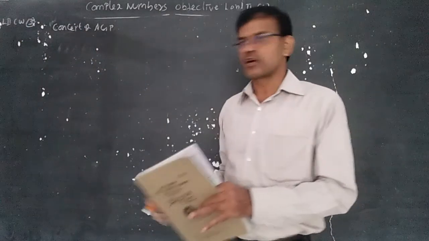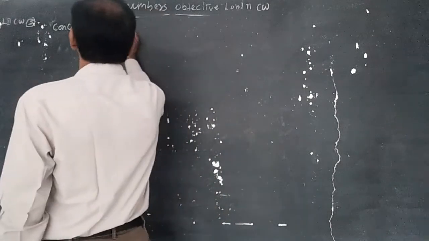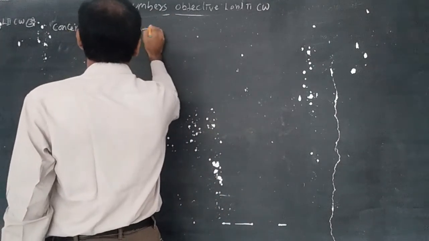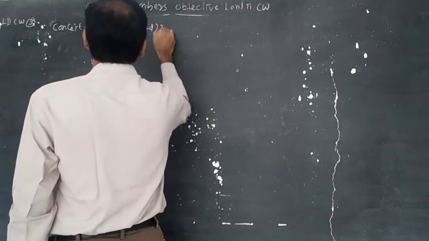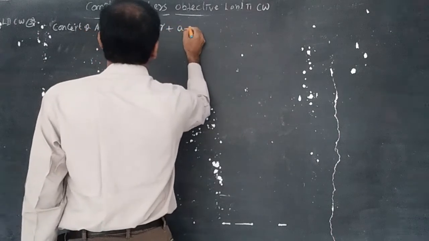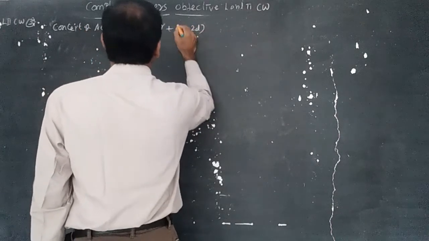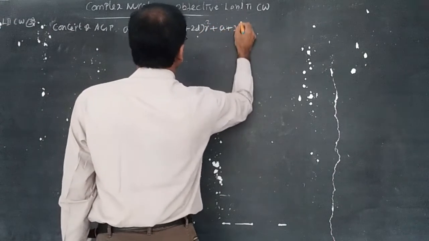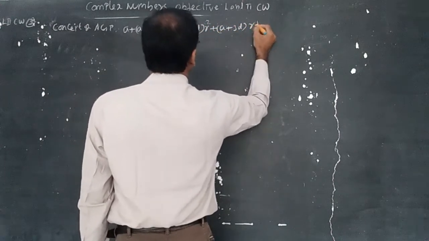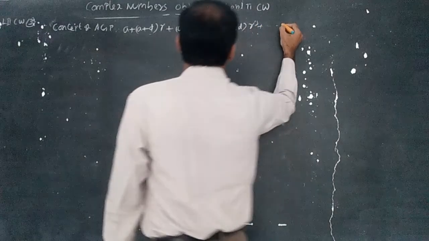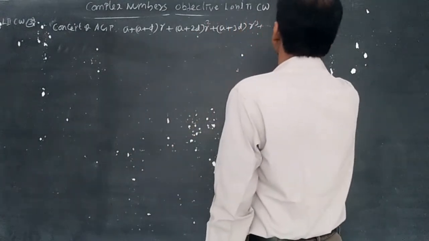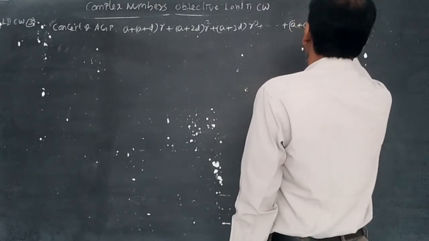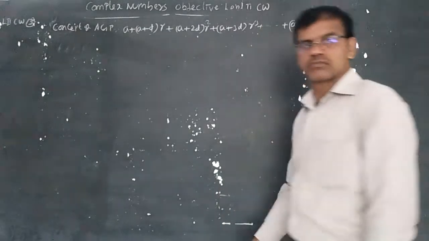Arithmetic geometric progression. The AGP terms will look like this: a plus d into r, plus a plus 2d into r square, plus a plus 3d into r cube, plus so on, a plus (n minus 1) into d into r power n minus 1.